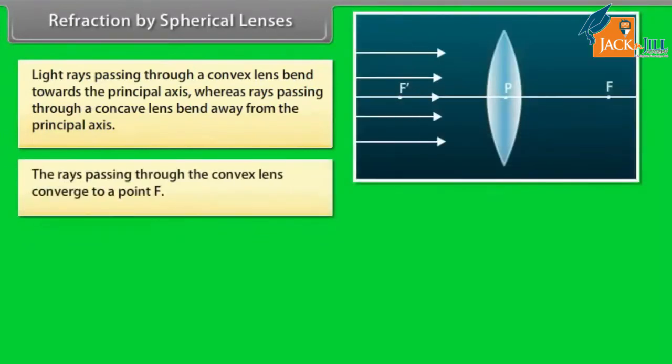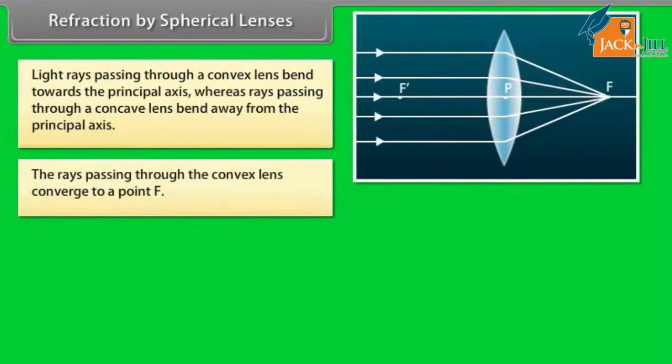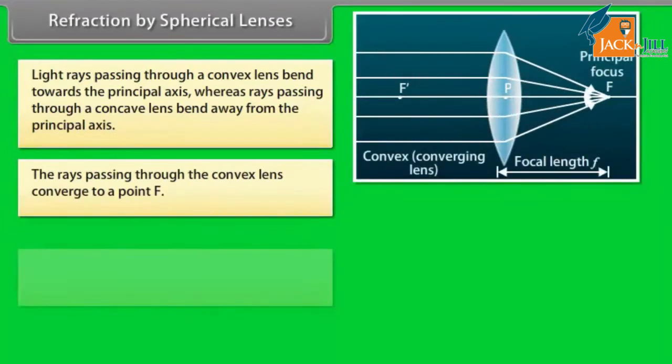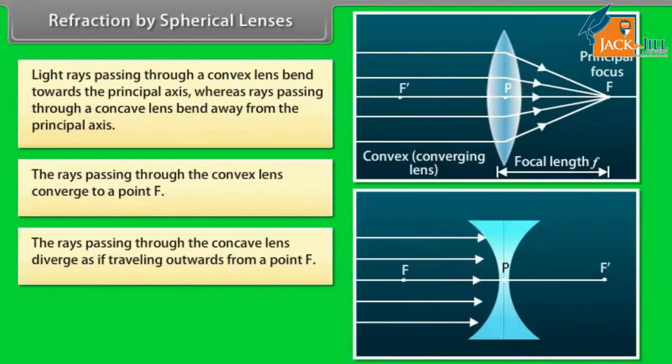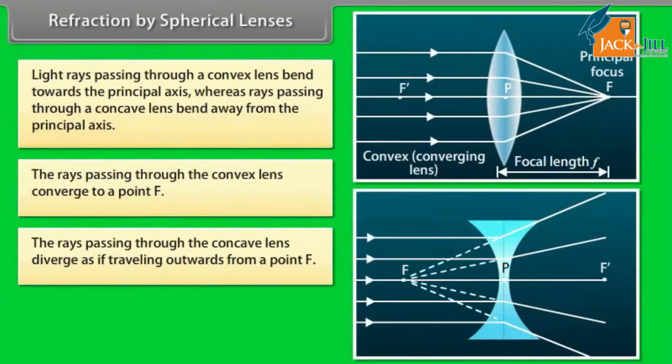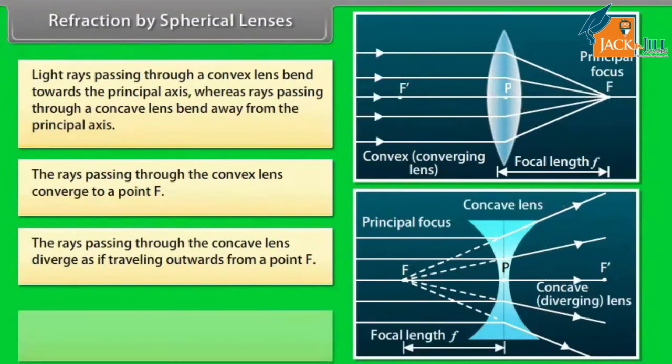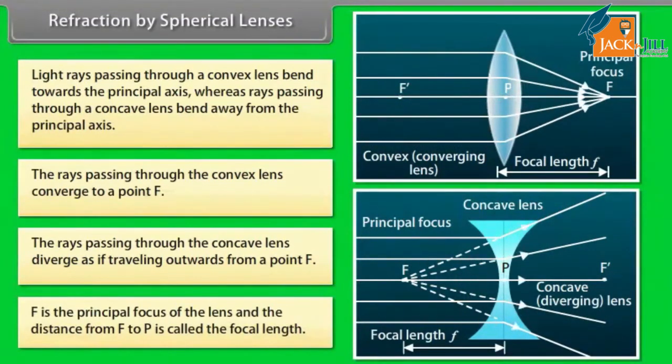The rays passing through the convex lens converge to a point F. The rays passing through the concave lens diverge as if travelling outwards from a point F. F is the principal focus of the lens, and the distance from F to P is called the focal length. Rules to draw ray diagrams for spherical lenses.